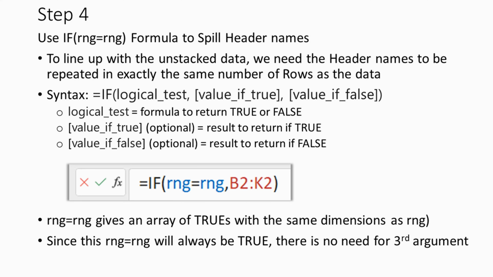Step 4 is to put range equals range inside of an IF function. This will return an array of TRUEs with the same dimensions as the range. And with the IF function, we can replace those TRUEs with the header names.